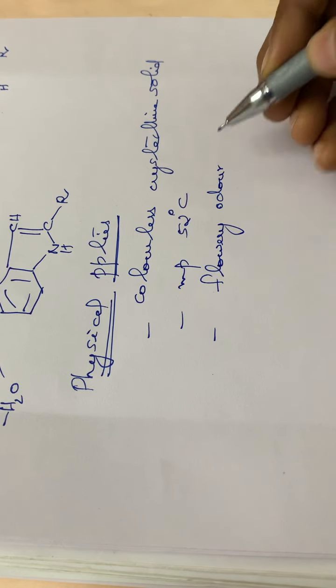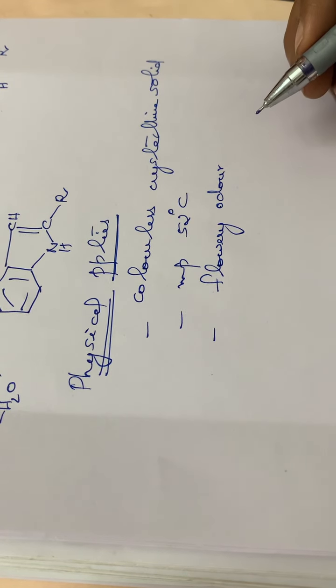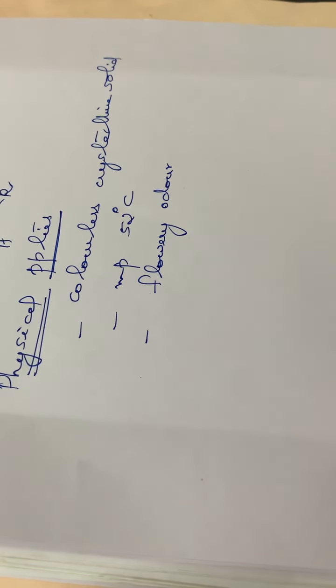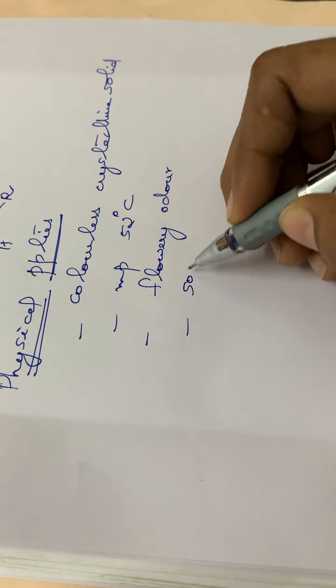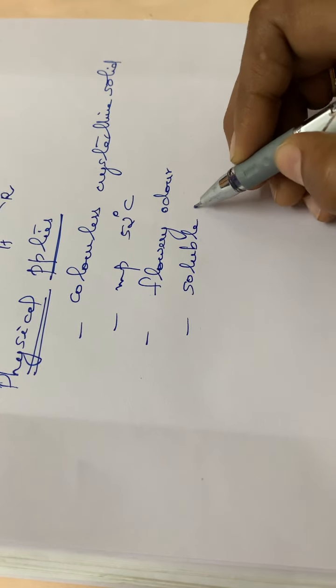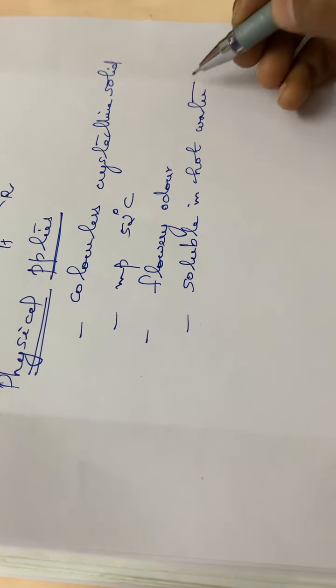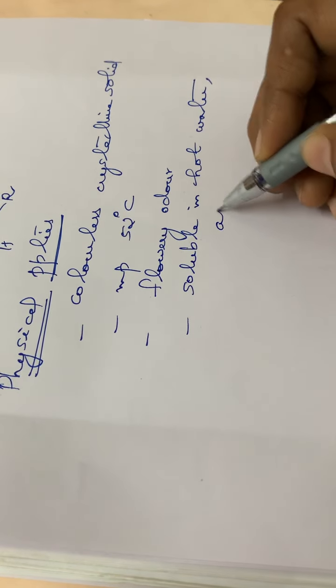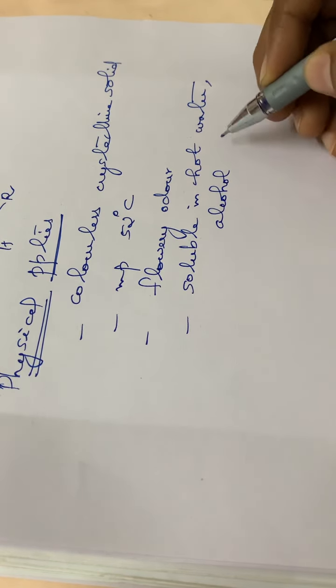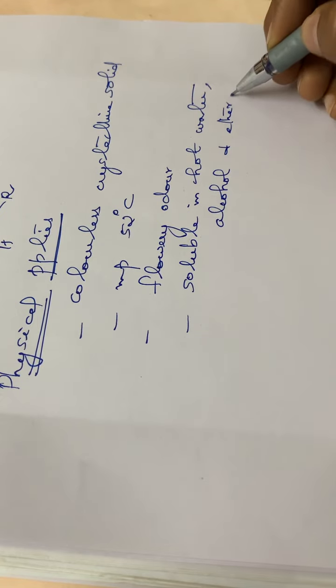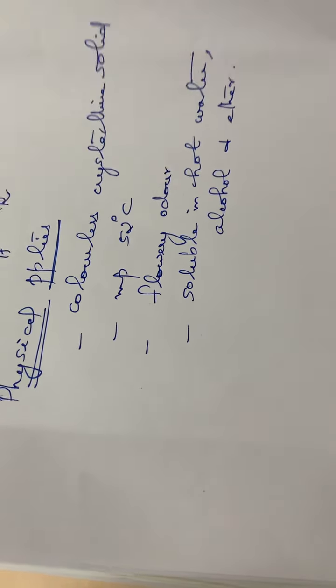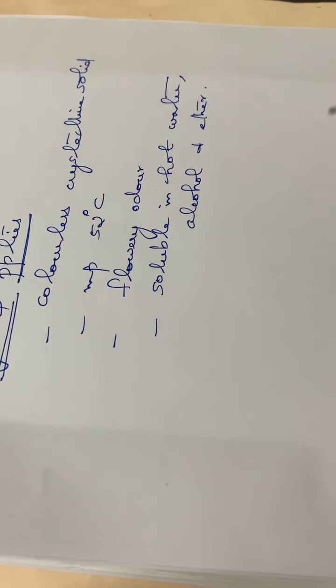Already I told you it can be extracted from jasmine oil also, isn't it? It has a flowery odor. Then soluble in hot water, alcohol and ether. So these are the physical properties just for your information.